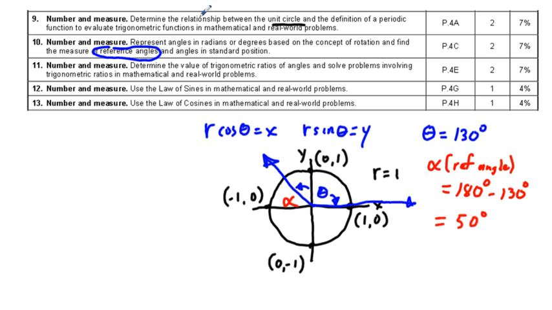We're going to go over those. And the first one here is periodic functions, the real-world use of sine and cosine functions. These last three, 11, 12, and 13, have to do with finding distance using right angle and not right angle trigonometry. Law of sines and law of cosines is where you don't have right angles.